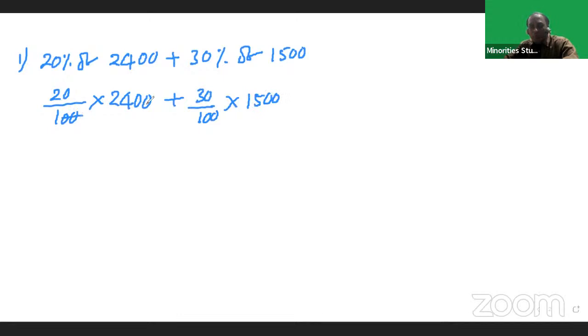Simplify. The two zeros cancel. 20 into 24. What is 24 into 2? 48. 20 into 24 is 480. Plus, two zeros cancel. 15 3s are 45. So it is 450.